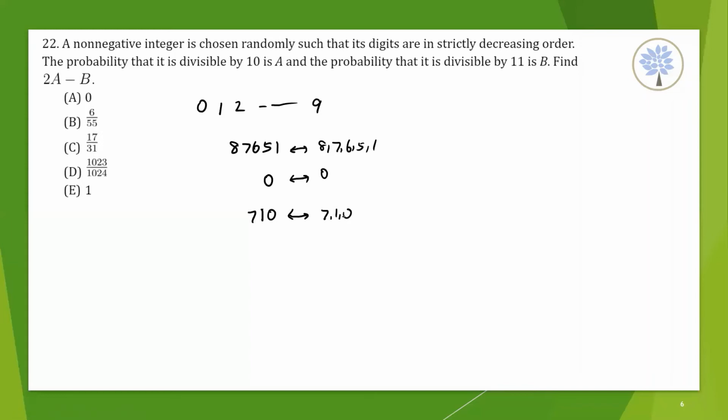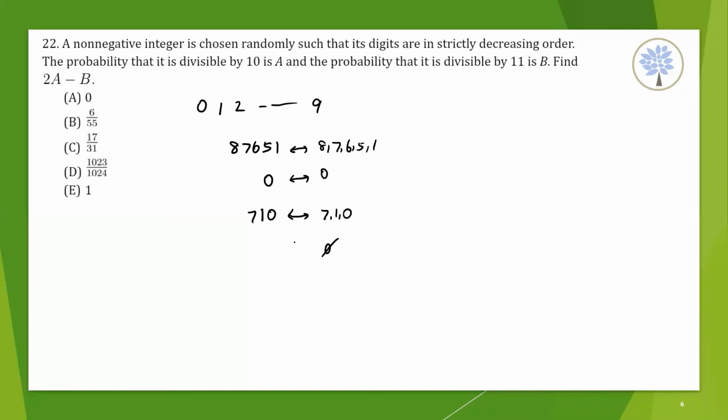For example, 0 corresponds to the set {0}, and 710 corresponds to the set {7, 1, 0}. And this is true for all subsets of 0 through 9, except for the empty set.